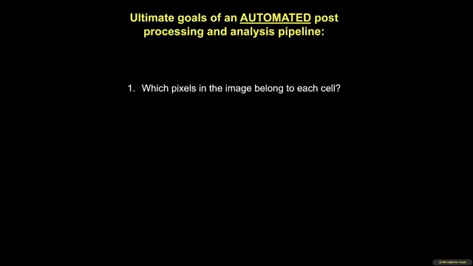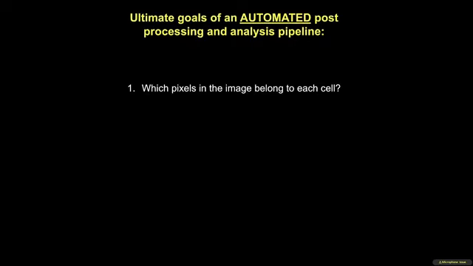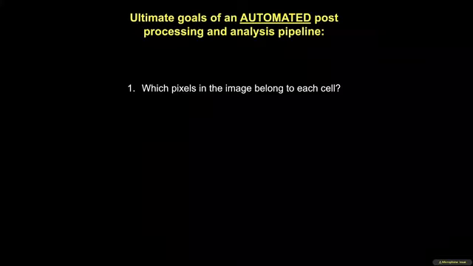And so one of the things that we focus on, and a recurring theme I'm going to try to revisit at different parts of this talk, is thinking about, as we're moving towards developing automated post-processing and analysis pipelines, what are the main questions that we want to be focusing on in terms of trying to get something that is generalized and extensible that could work on a lot of different tissue studies?